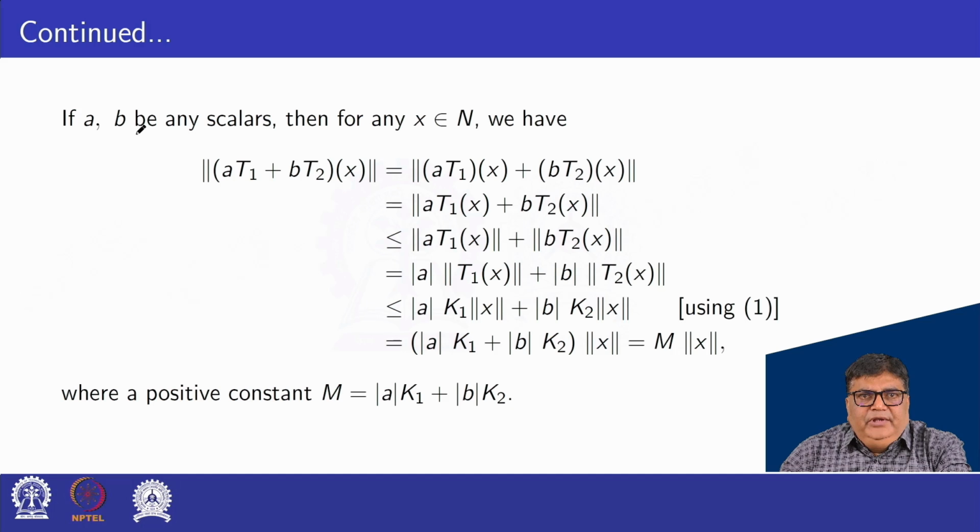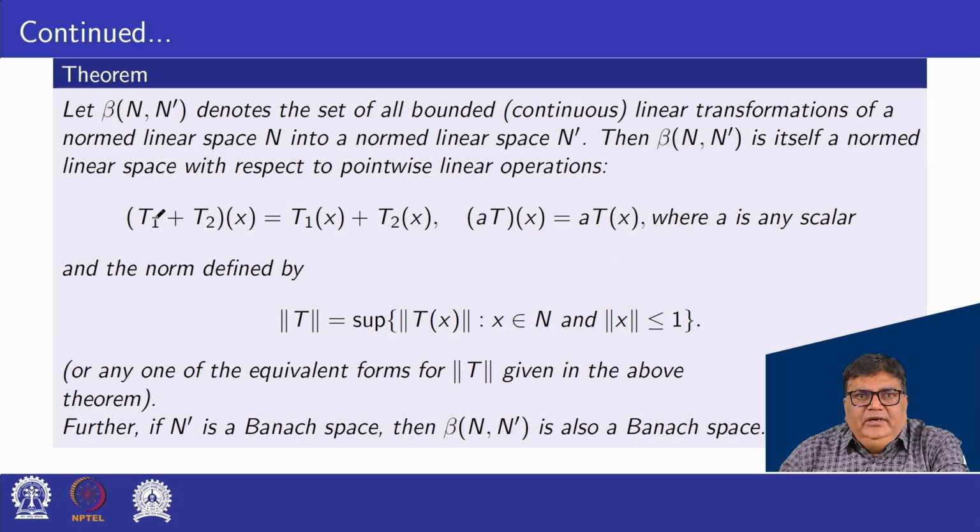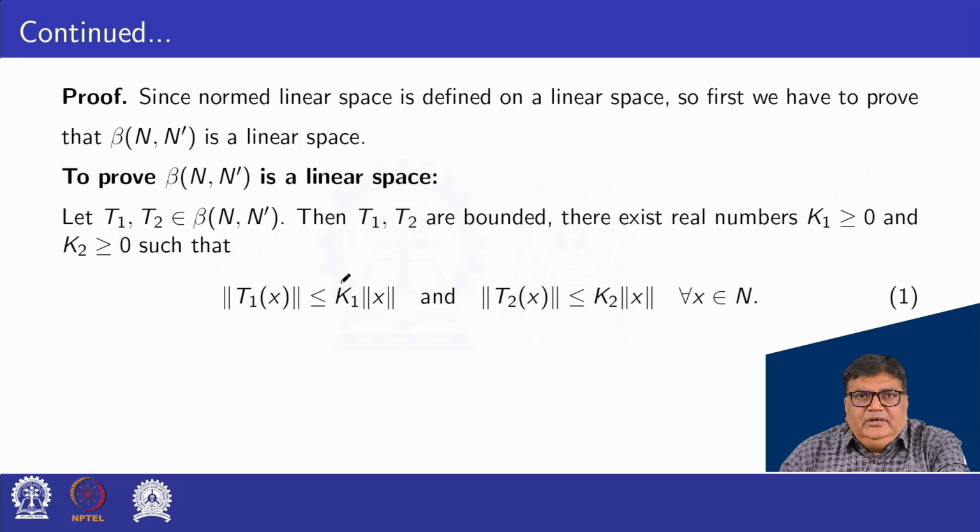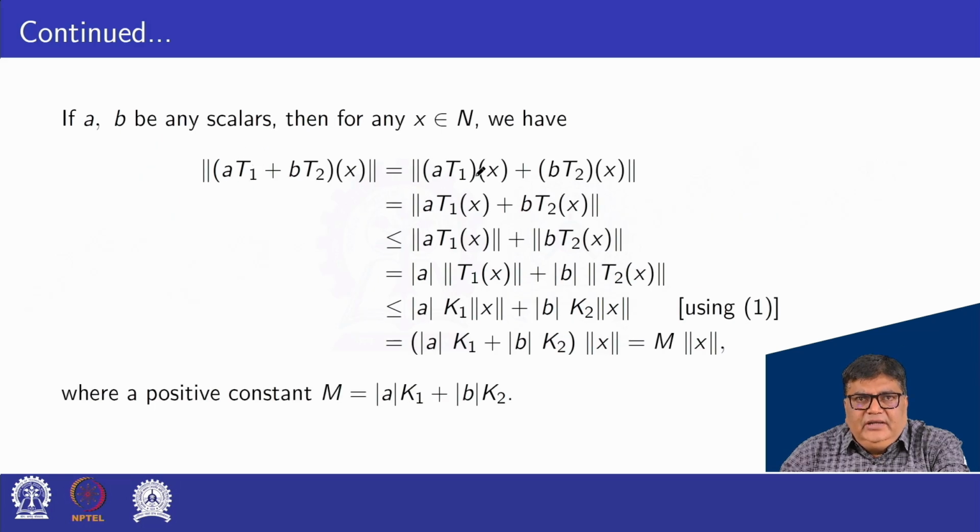If a, b are any scalars, then for any x belonging to N, we have norm of (a T1 + b T2)x equal to norm of a T1x + b T2x, because in the statement we defined (T1 + T2)x equal to T1x + T2x.